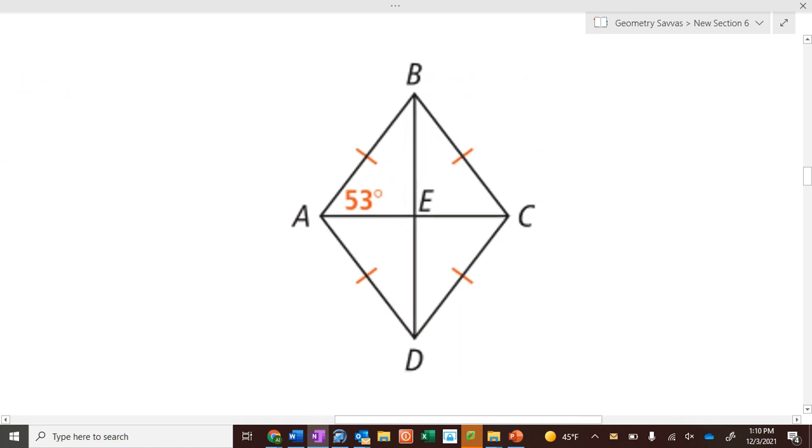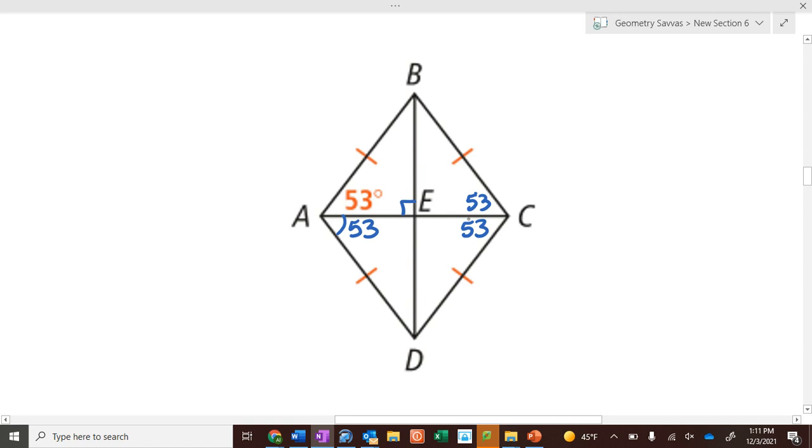If this is 53, and we know we have a right angle here, because it's a rhombus and the diagonals are perpendicular, what's this angle right down here? 53. What's this angle over here? 53. And this angle right here? 53.